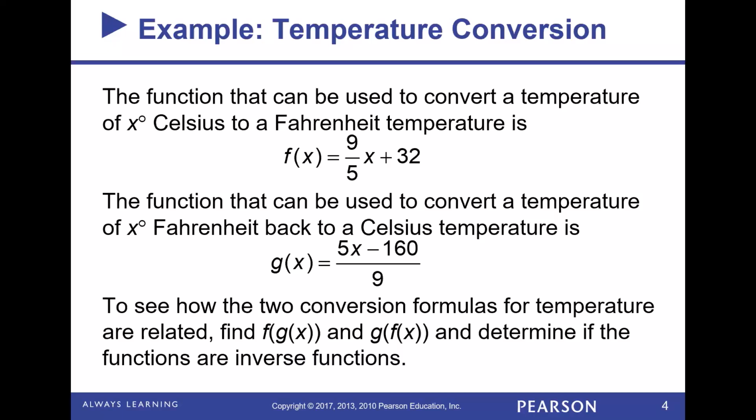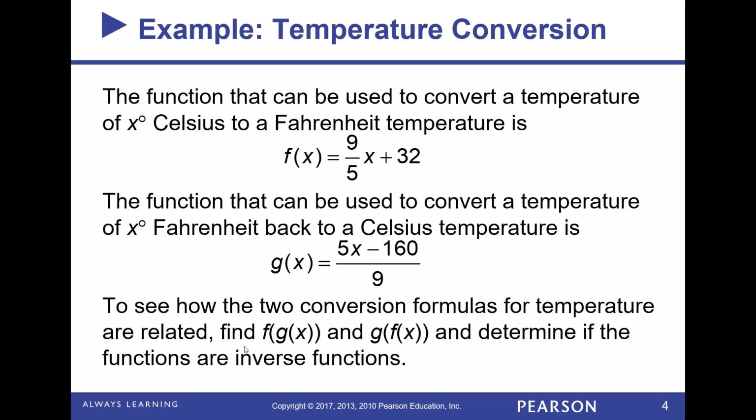We use Fahrenheit here in the US, but most places outside of the US use Celsius. So these functions should be related. Let's see how they're related by using composition to determine whether or not they are inverses of each other.